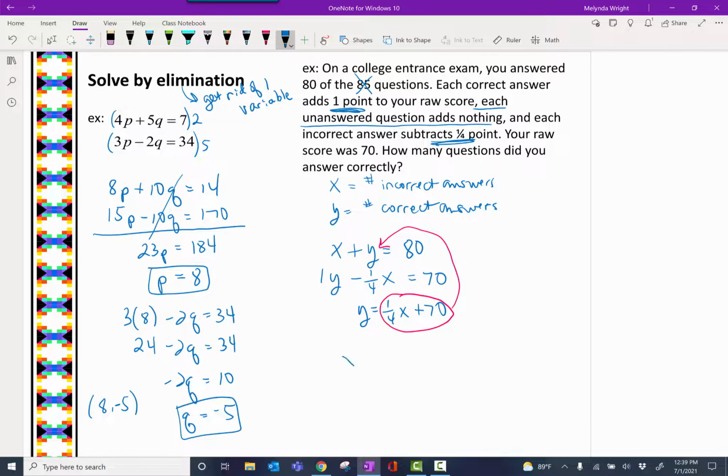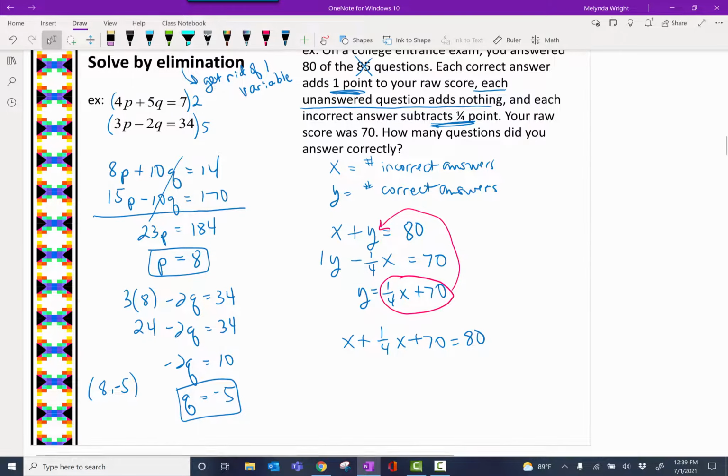So we have x plus, and then we take out the y and put that in its place. 1/4 x plus 70 equals 80. And of course, 1 we could write as 4/4. So 4/4x plus 1/4x is 5/4x.